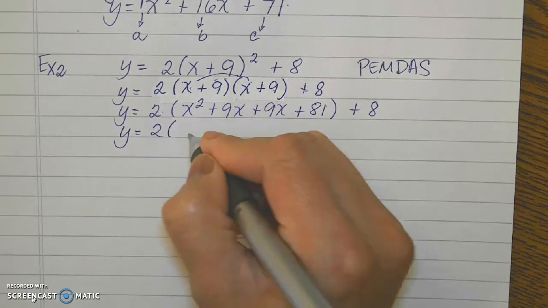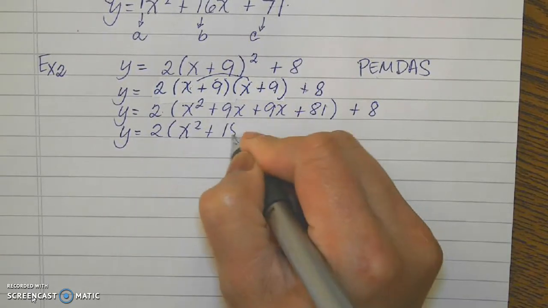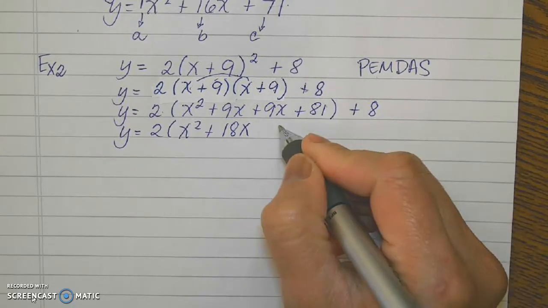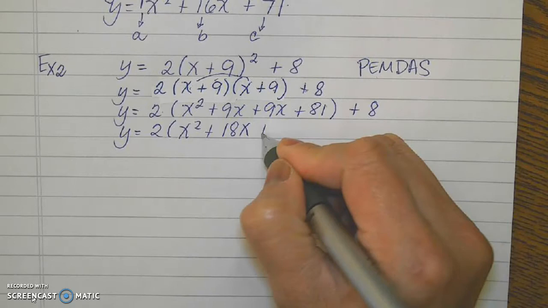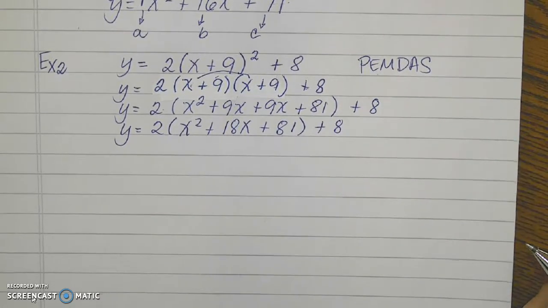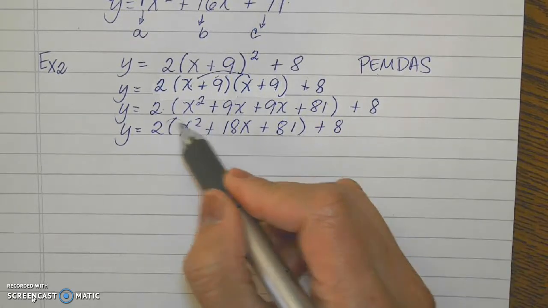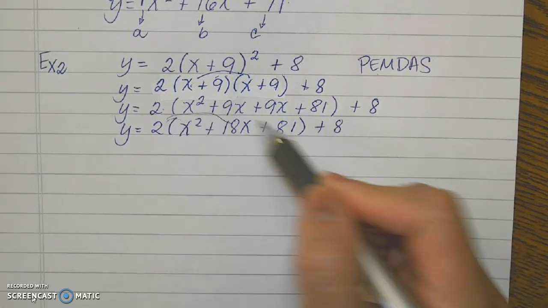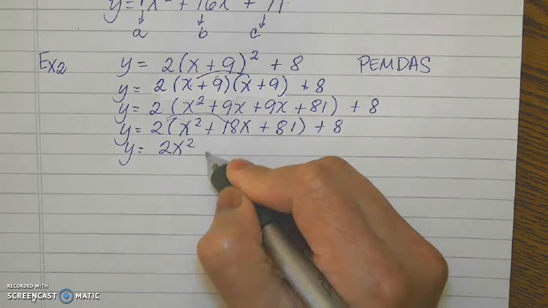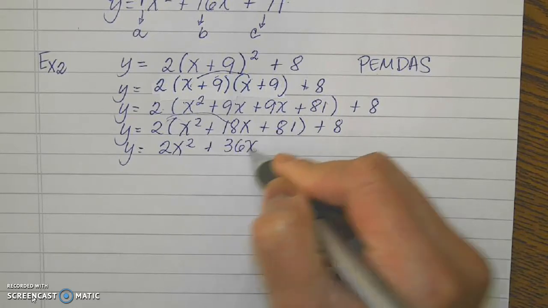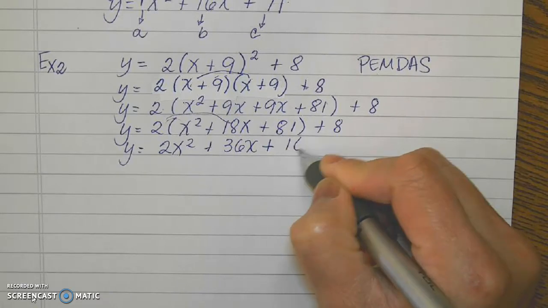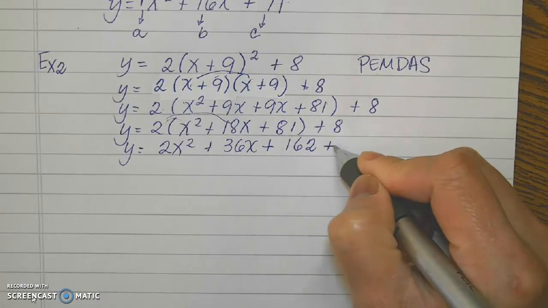So I'll have 2 outside, x squared plus 18x plus 81, close parentheses, plus 8. And then I will distribute my 2 to all of them. So y equals 2x squared plus 36x plus 162 plus 8.